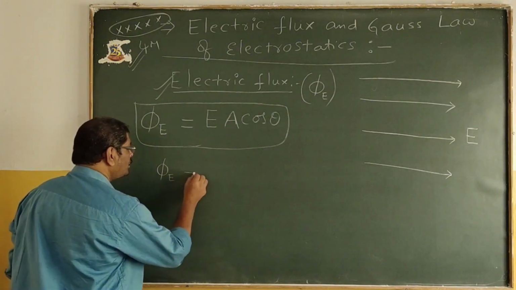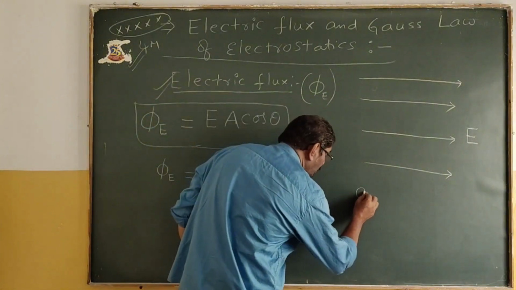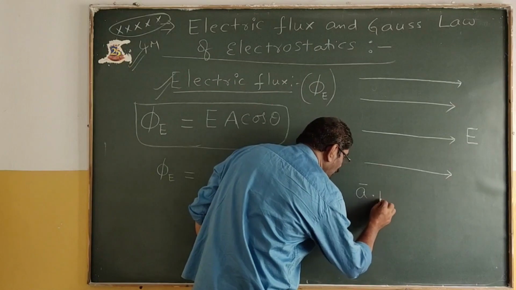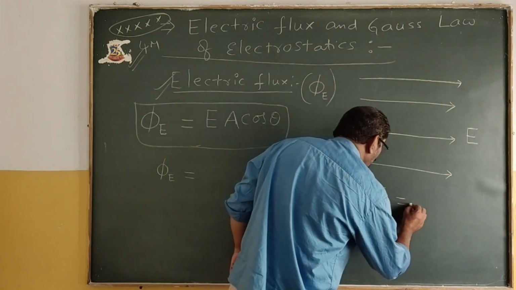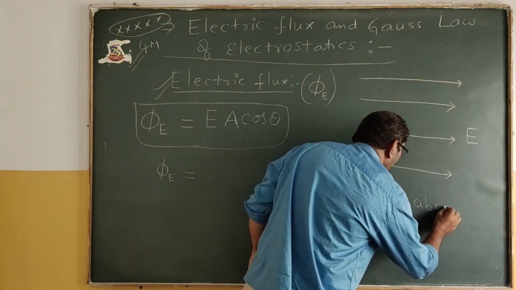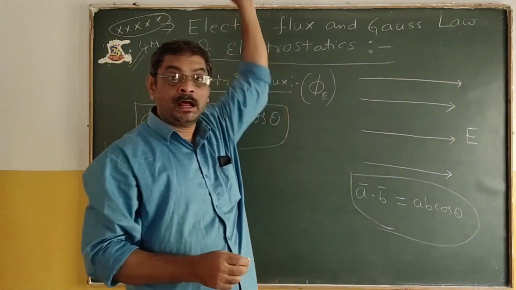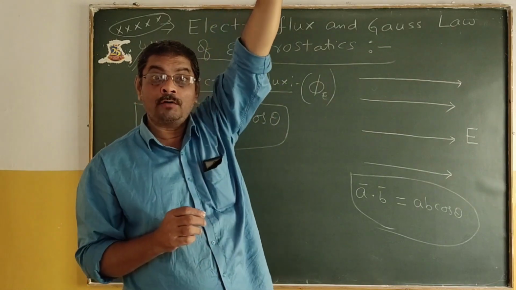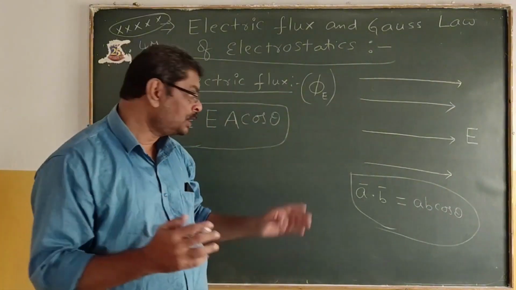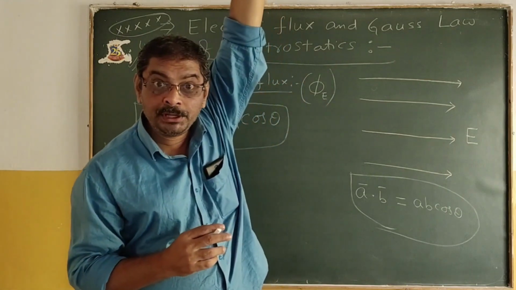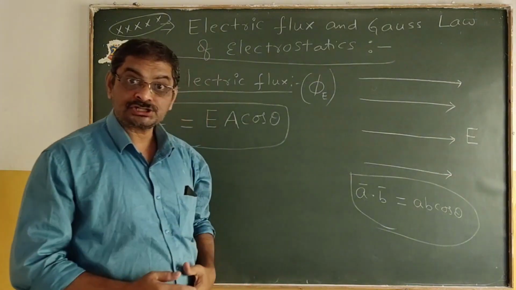You already know the formula for the dot product of two vectors: A bar dot B bar is numerically equal to AB cos theta.